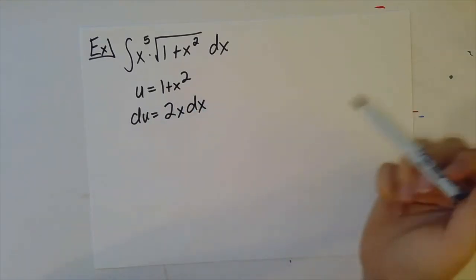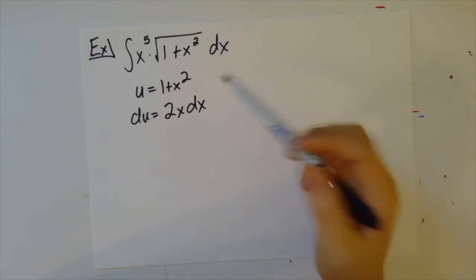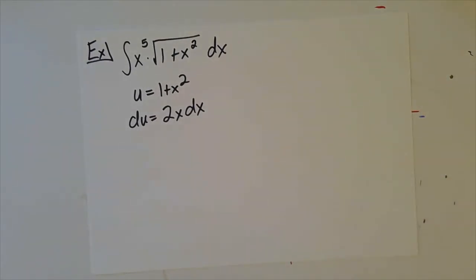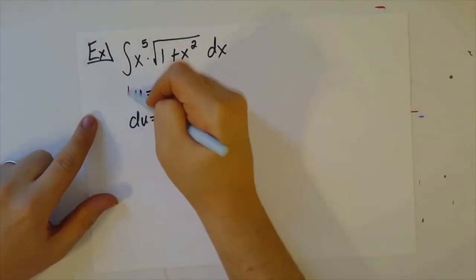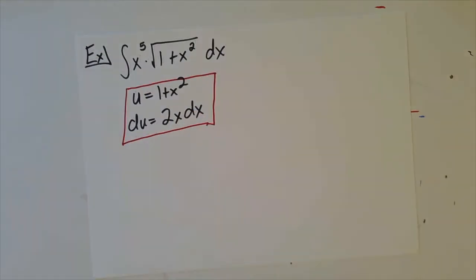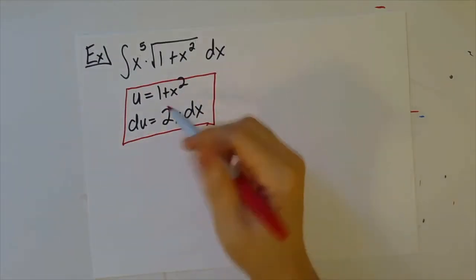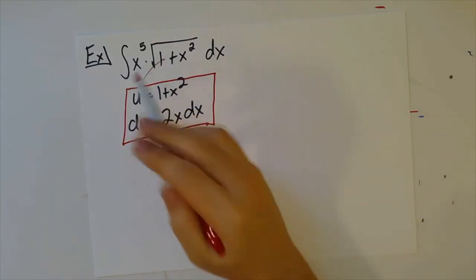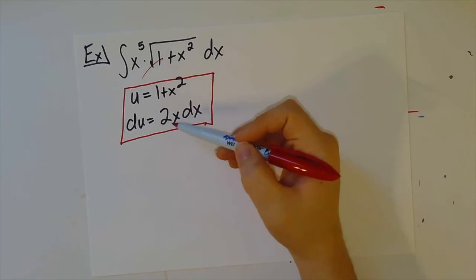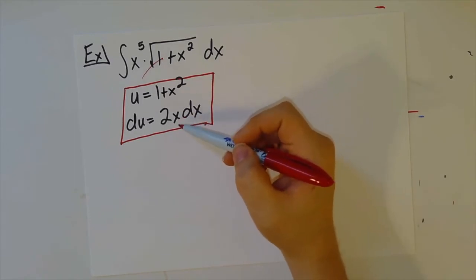Okay, now there are a few things that already might concern you. Namely, when I look at this pair of u and du, especially after the past two examples, I'm expecting to see a du somewhere already in the integral, but I don't have an x. I also don't have a 2, but we know at least how to fix the 2.